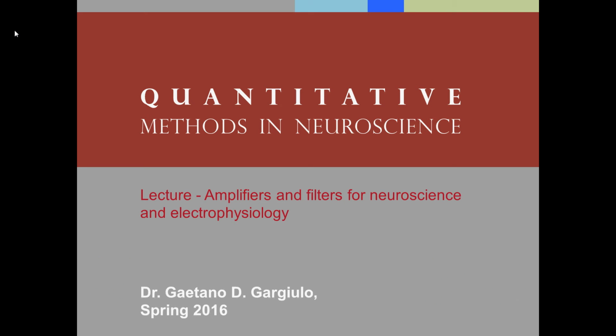Every time you deal with signals, even if you don't know it, you deal with amplifiers and bioelectromagnetism. Knowing a little bit of these things and the phenomena behind what you actually record will help you to understand a couple of things.